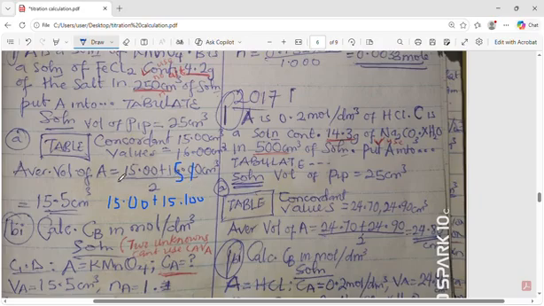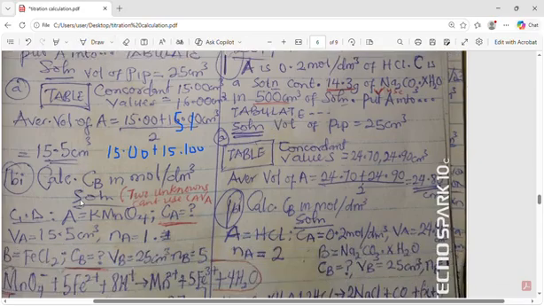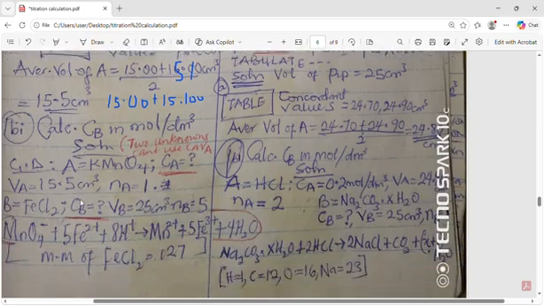The average now will give you your titre value. From this average titre value, we can calculate the next thing, CB in moles per dm cube. To do your CB, write out your parameters. A is this, CA we don't know, and CB we also don't know. That means you can't use CAVA in this question. To get my CB, what will I do?